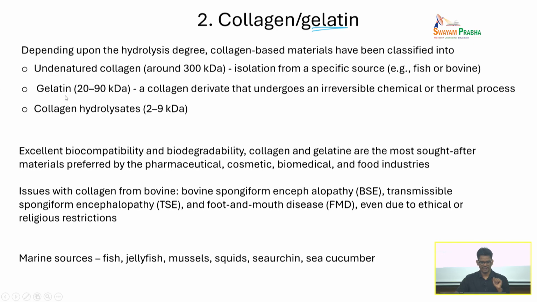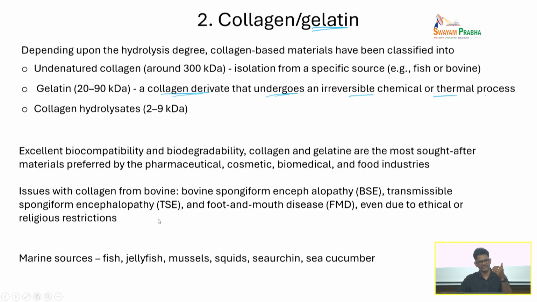Whereas gelatin is basically a collagen but with a much smaller molecular weight. When the molecular weight is between 20 to 90 kilodaltons, it is called gelatin. So it is basically a collagen derivative that has undergone an irreversible chemical and thermal process to break into smaller units.